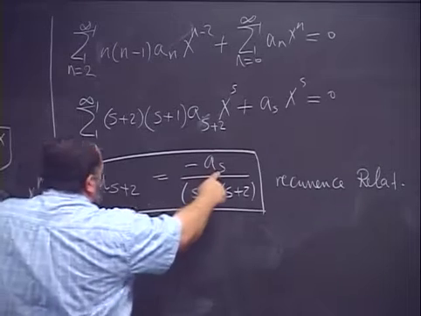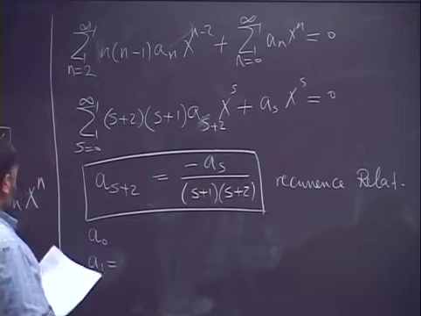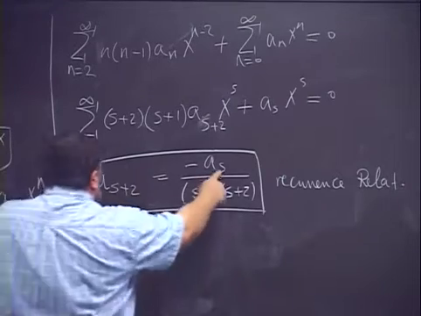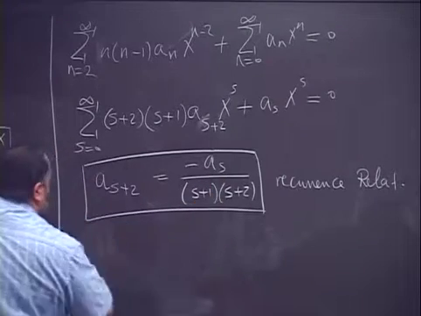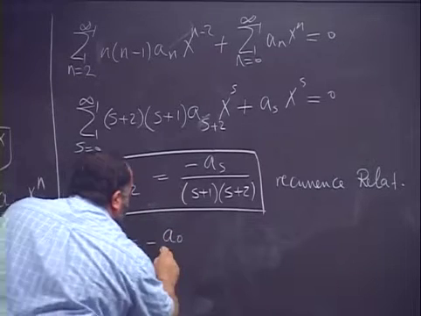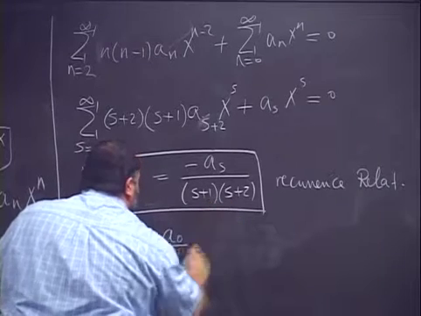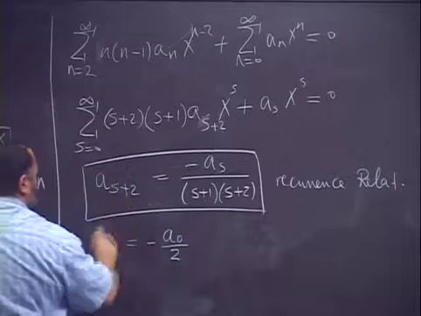So if S equal to 0, this is a0 divided by what? 0 plus 1 is 1, 0 plus 2 is 2, so this is 2, and this will be what?